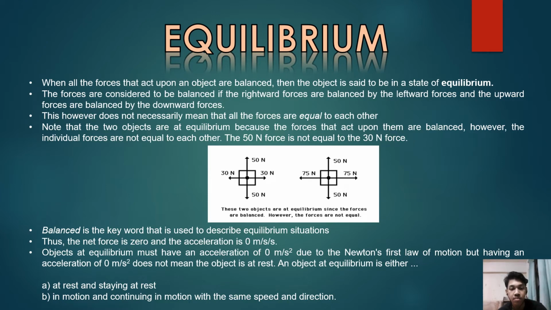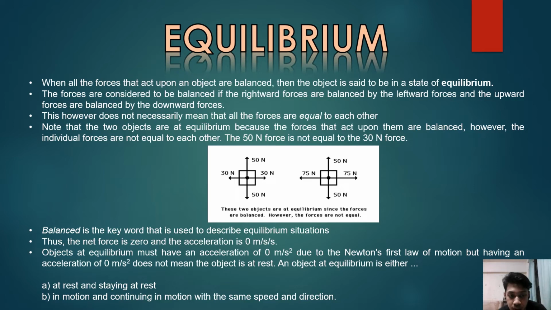An object at equilibrium must have an acceleration of 0 m/s squared due to Newton's first law of motion. An acceleration of 0 m/s squared does not mean the object is at rest. We said that in equilibrium there are only two cases.